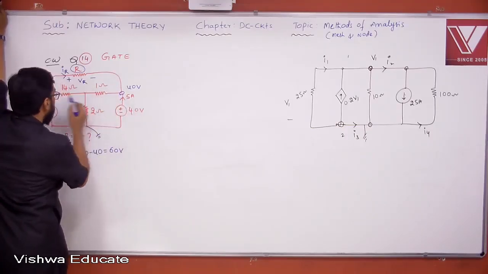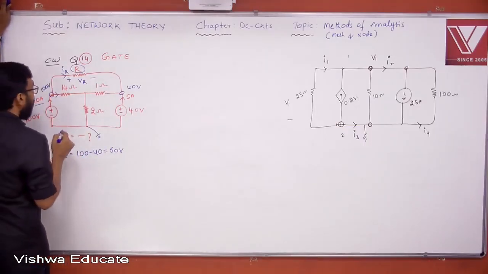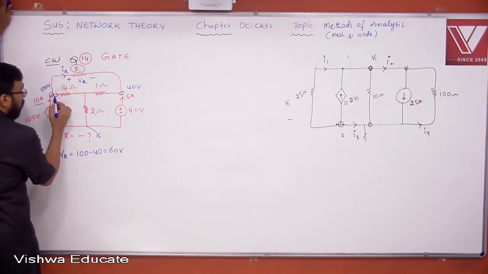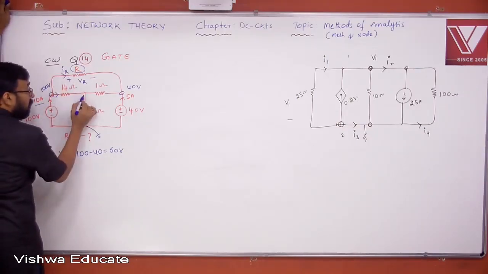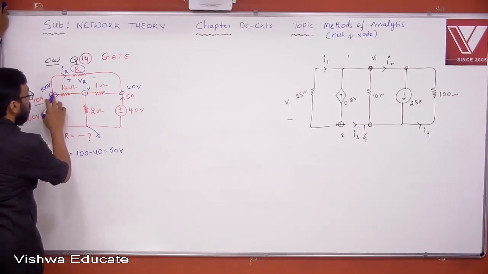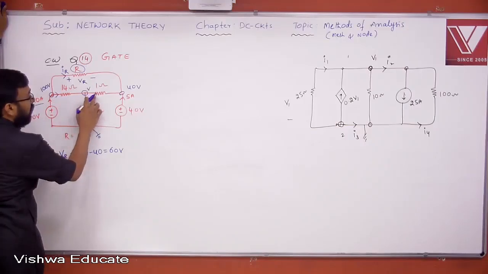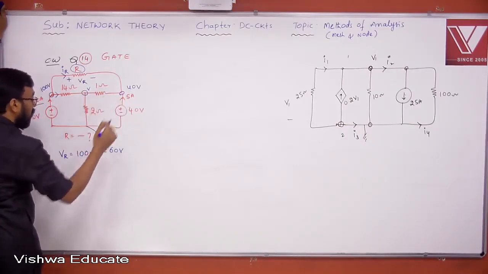Anything is okay, either this side or this side. Let me choose this side. Because I know the current here, I can find the current here. But to know the current here, you must know the voltage at this particular node. For that, let us write V minus 100 by 14, V minus 40 by 1, V by 2. Therefore, you can find the V value.